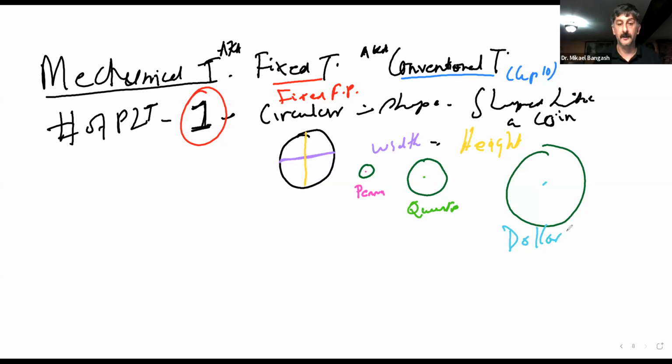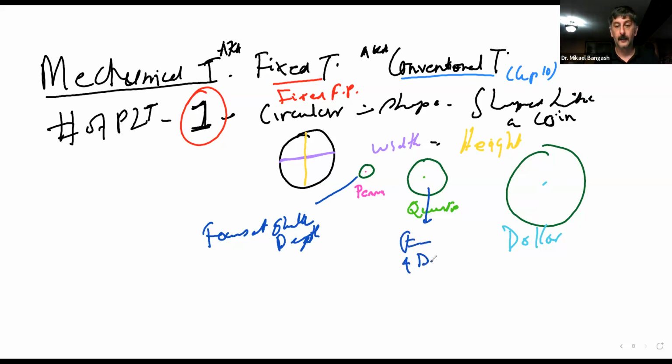So what would you see then? If the PZT had a smaller diameter, was a smaller PZT, or the transducer had a smaller PZT, that will cause it to focus at a shallow depth. This one will have focusing at a greater depth, and this one will have focus at the greatest depth, provided that the frequency for each of these transducers was the same.